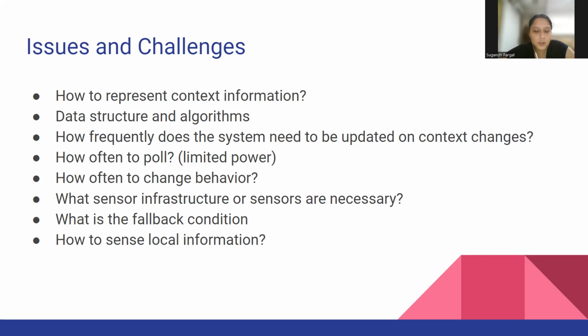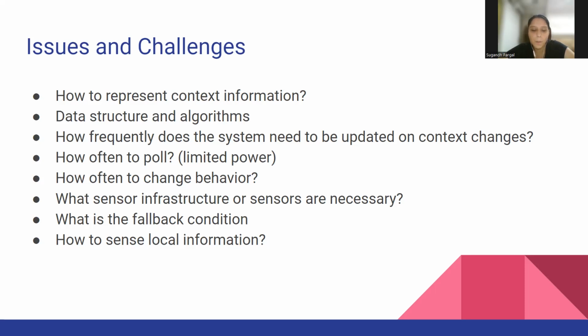There may be a fallback situation in which the sensor data which is captured and the context which is required may not provide the relevant information to lead to proper context-aware computing. In that condition, we need separate fallback conditions or a fallback context which may be relevant.